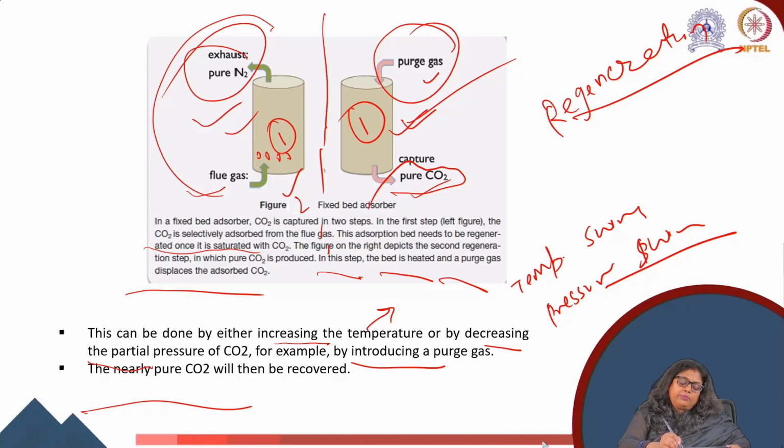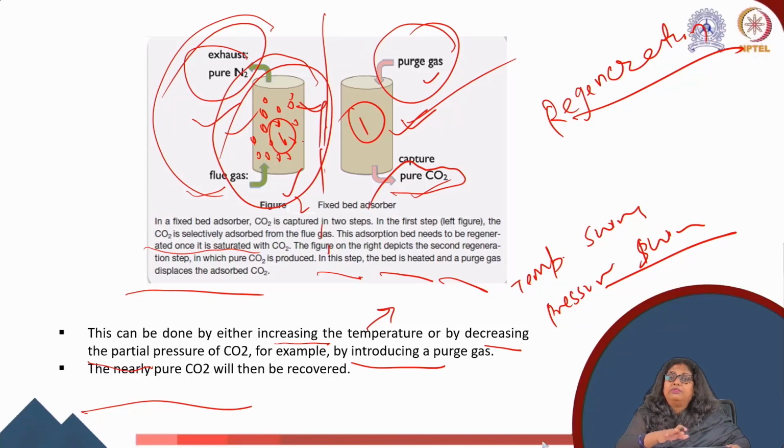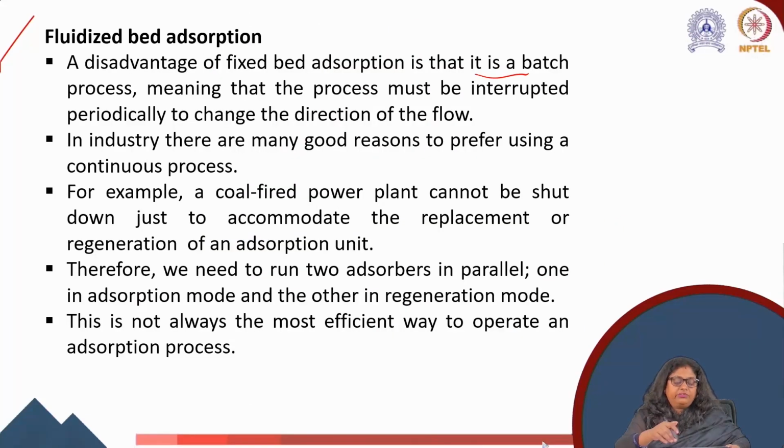There are solid sites, basically designed specifically to selectively capture CO2 from the flue gas. Once the system gets saturated, we go for regeneration, and that means it is not a continuous operation.